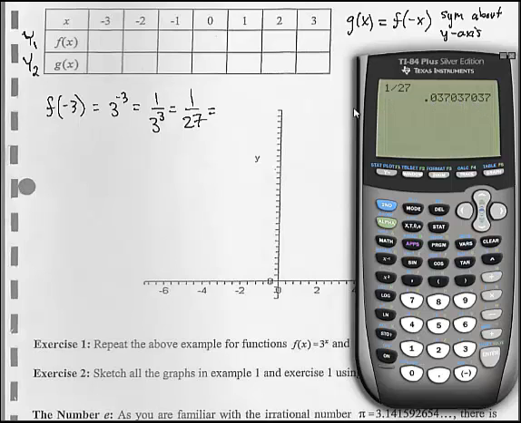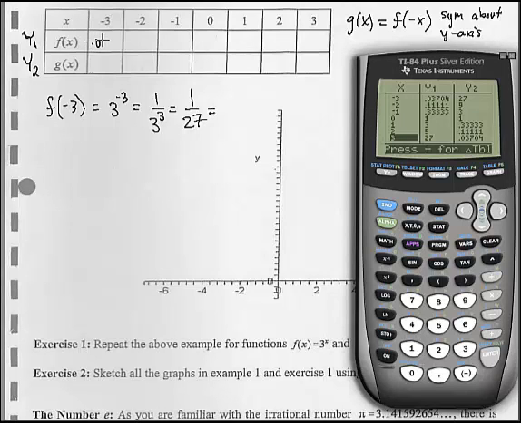0.037037037. The table has merely rounded the number. Okay, so it's really small, 0.037 is what I'll write in our table.